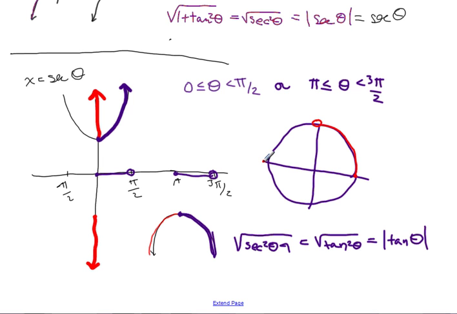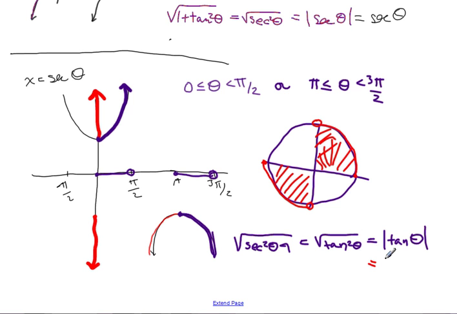And from pi to 3 pi over 2. And if my angle's in there, notice that in this first quadrant, both sine and cosine are positive. So tangent's going to be positive, right? Sine over cosine. In this third quadrant, both sine and cosine are negative. So tangent's going to be what? Yeah, positive.